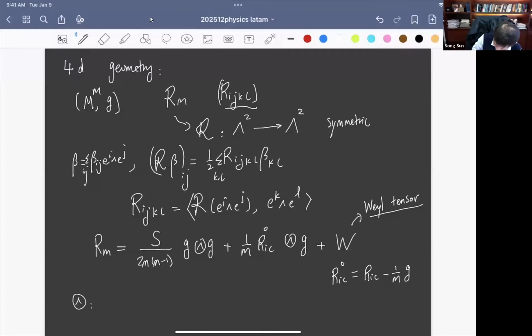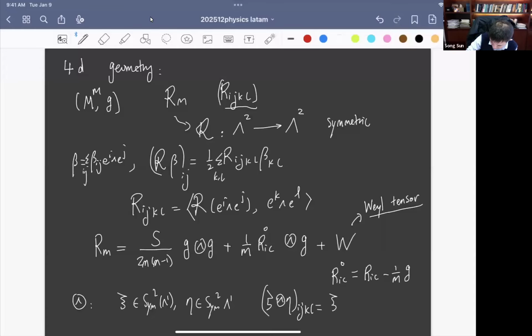Let me write what it is. Say ξ is a symmetric two-tensor in Sym²Λ¹, and η in Sym²Λ¹, then ξ ∧○ η will give you the ijkl component. I think you must have seen this.